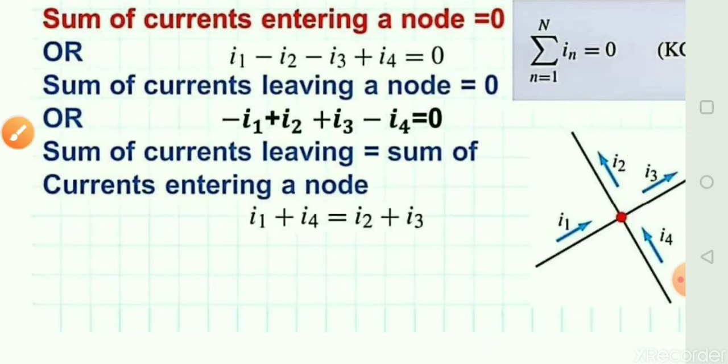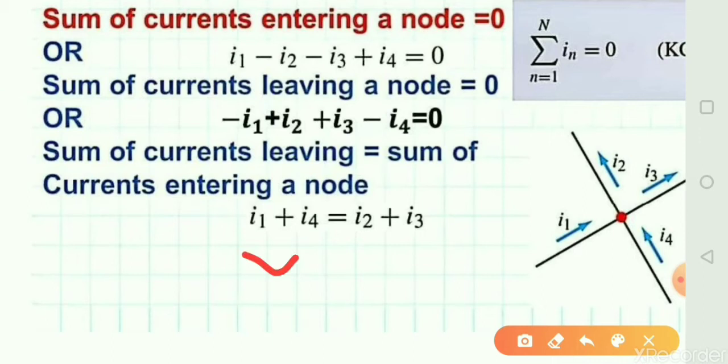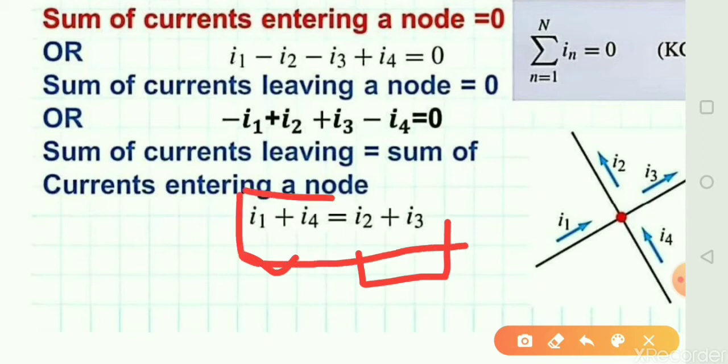So according to the law, the algebraic sum of all incoming currents equals the outgoing currents, so the equation becomes I1 plus I4 equal to I2 plus I3.